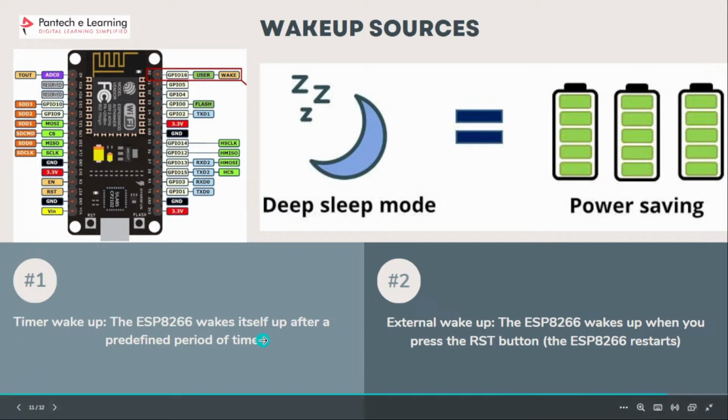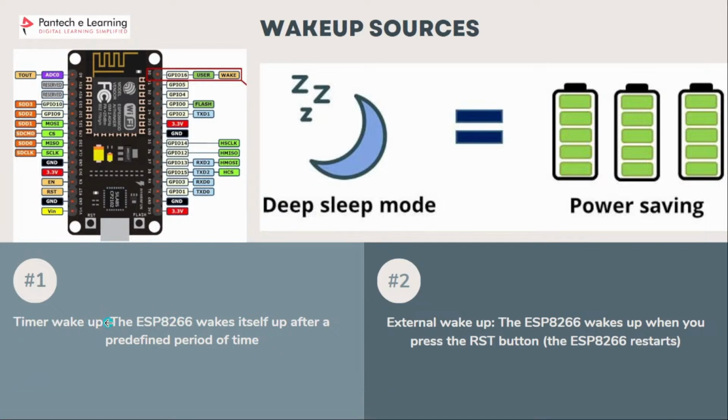For the first one, to use timer wake up with the ESP8266, we need to connect the reset pin to the GPIO 16 pin. This is labeled as D0 here. But we have to connect the reset pin to GPIO 16 only after uploading the code.